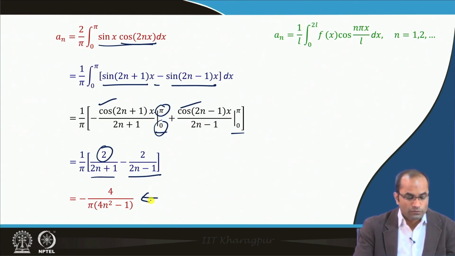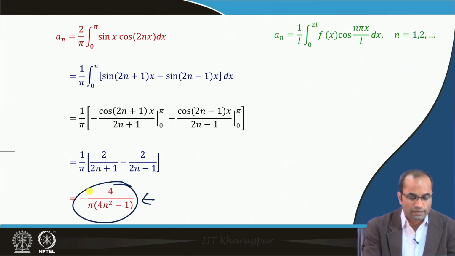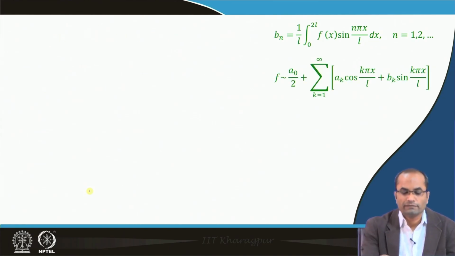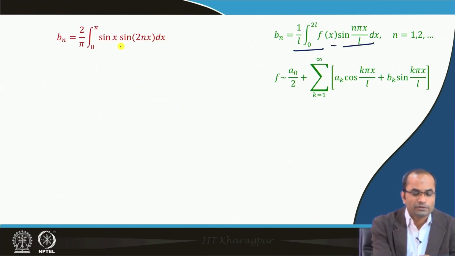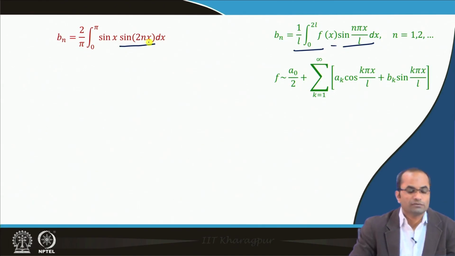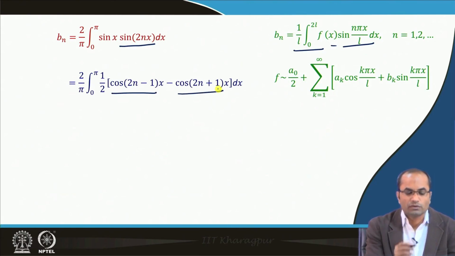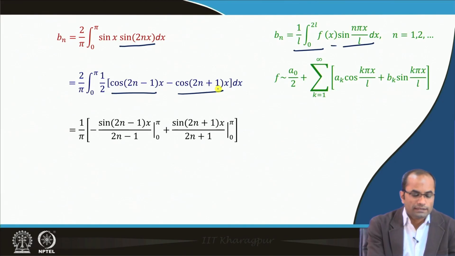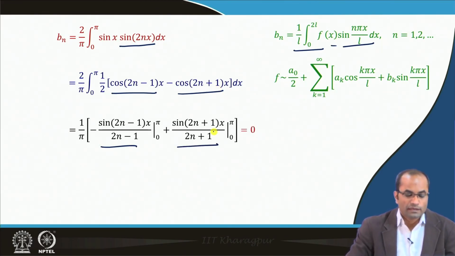So, this is the coefficient a n, where n is 1, 2, 3, and so on. For b n we have a similar formula, 1 over L, integral of f(x) times the sine term. So sin 2 n x will come, and we again apply the sin A sin B formula, giving sin 2 n minus 1 and cos 2 n plus 1 terms, with cos becoming sin.